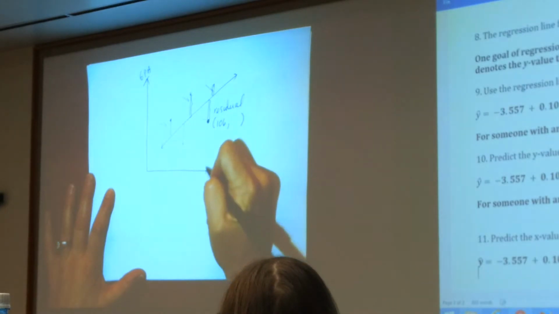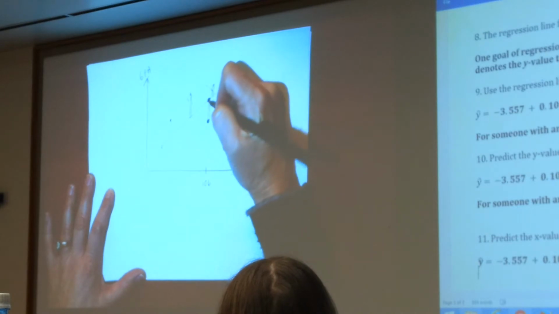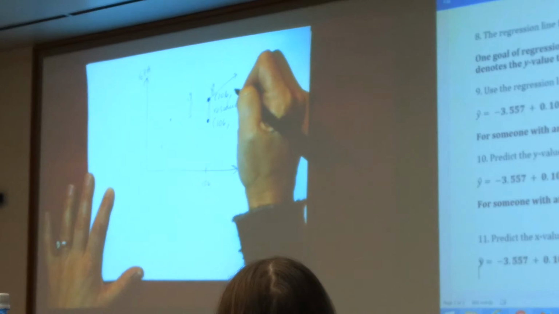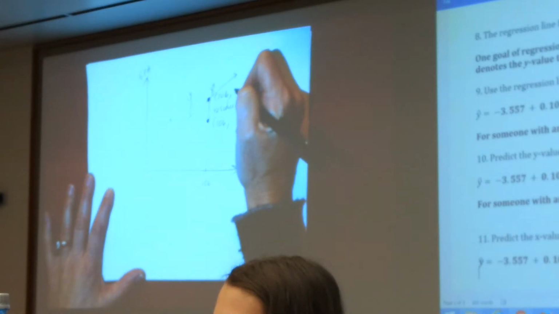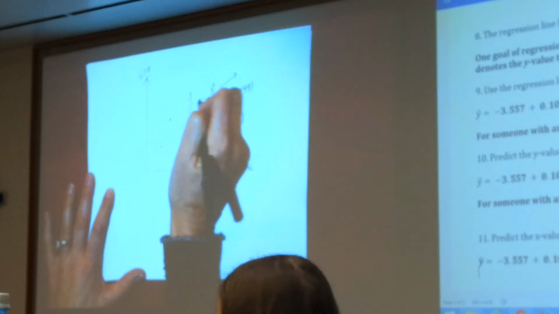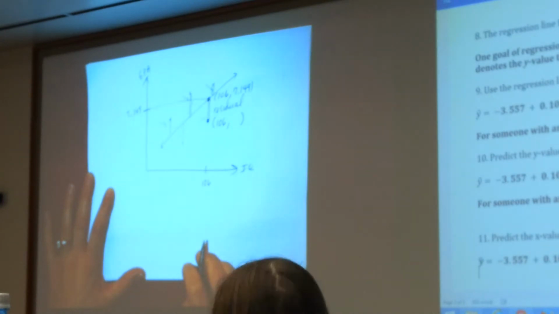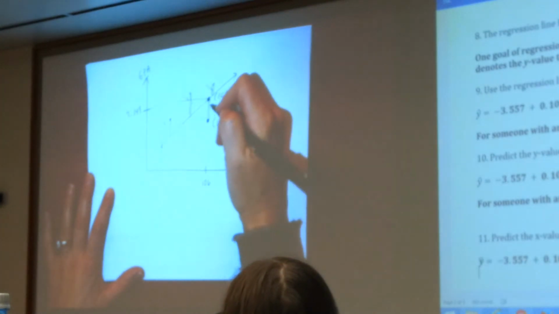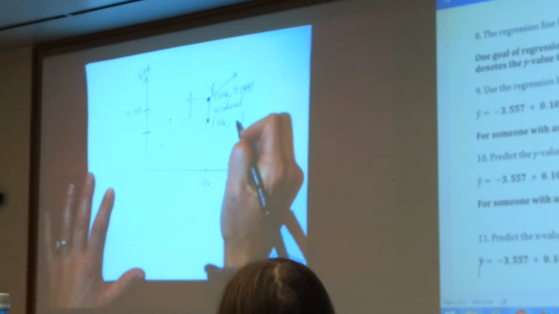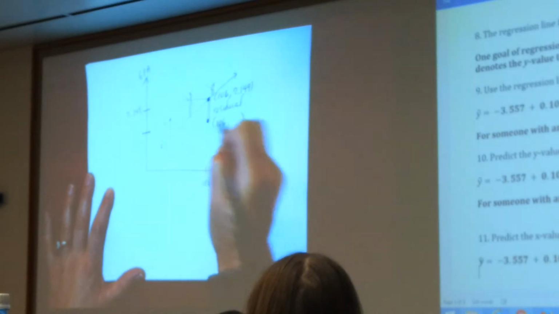So that means if IQ is 106, when you plugged it into the line, notice I'm drawing a dot on the line this time, what did you get? 7.149. So somebody with an IQ of 106, the line would predict their GPA as 7.149. But this vertical distance depends on also knowing, well, what's the Y value you actually saw? This is a data point from your list of numbers.